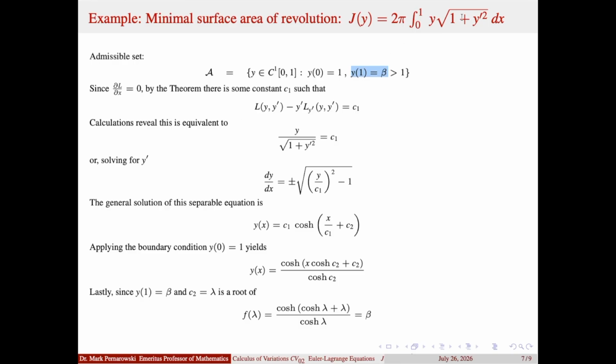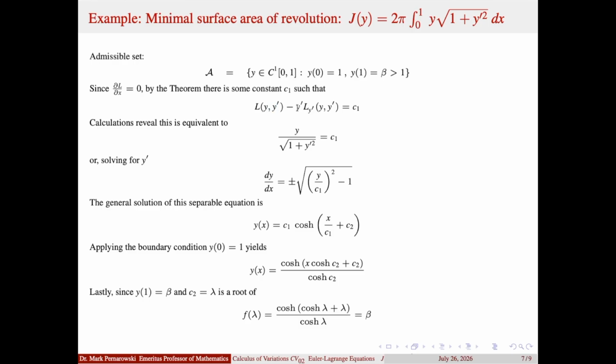Since x does not occur explicitly in this, the theorem was putting a t in here, so I can change t and make it x, and I've got a y prime, which is the same as y dot. So the theorem says that since there's no explicit x, this quantity here has got to be equal to a constant. Now, if you look at the functional dependence on this, without knowing too much, just look at L, it depends on y's and y primes.